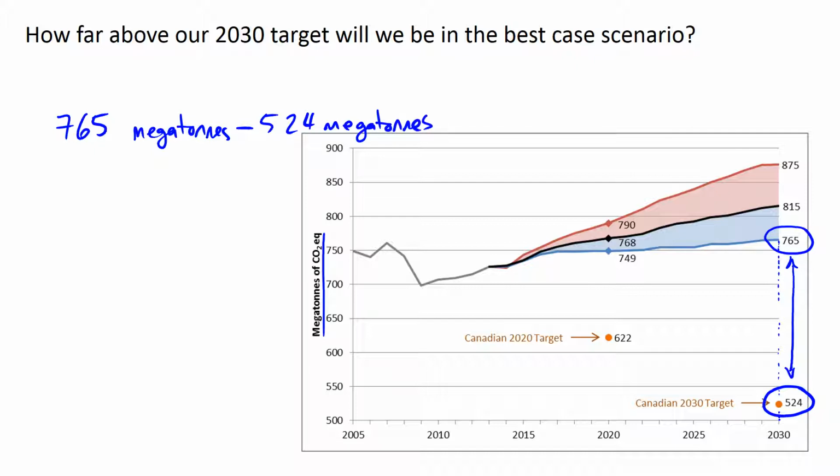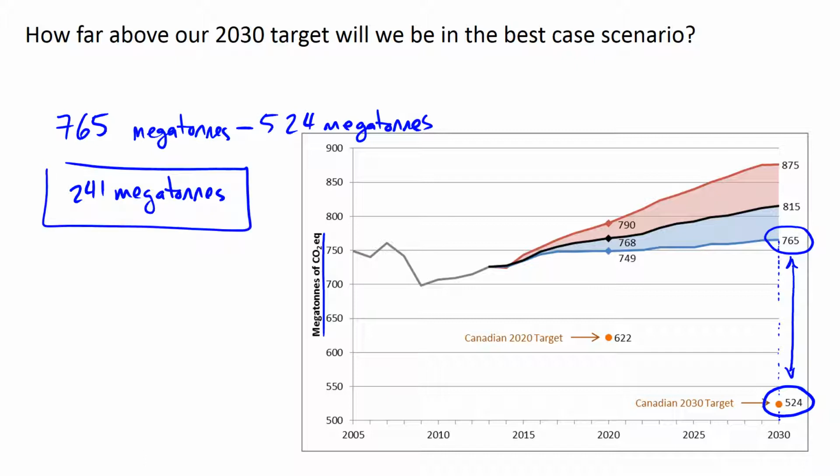So 765 minus 524, that's 241 megatons. So even in the best case scenario, we will be 241 megatons of CO2 above our goal.